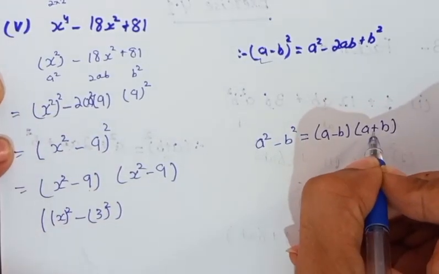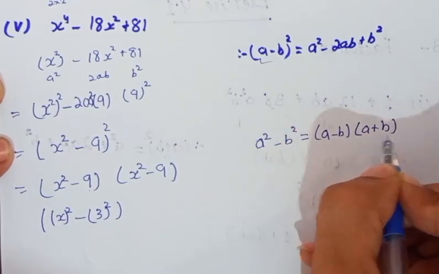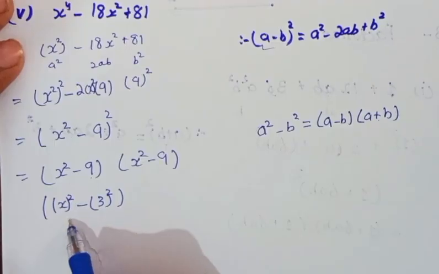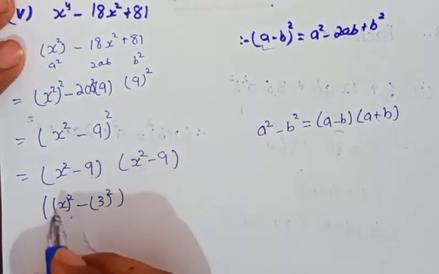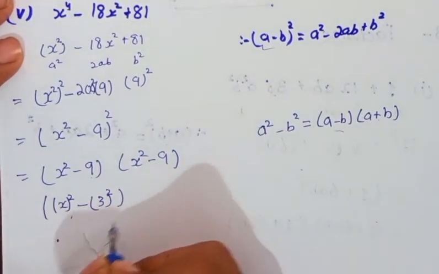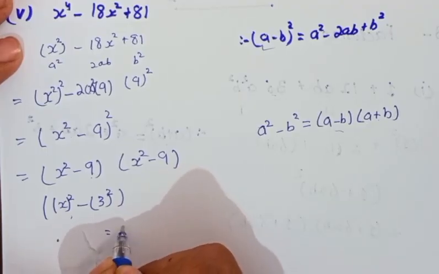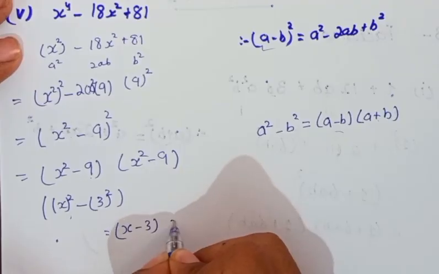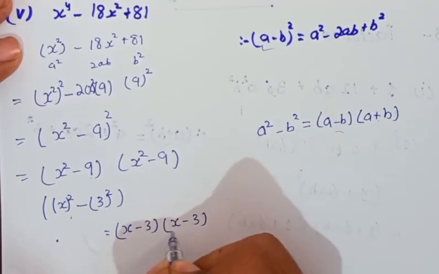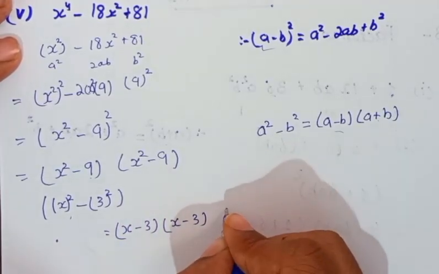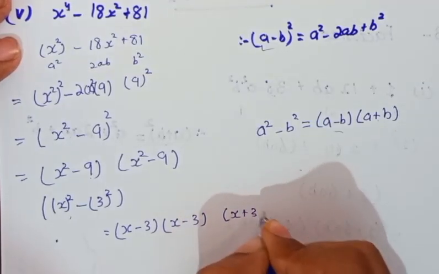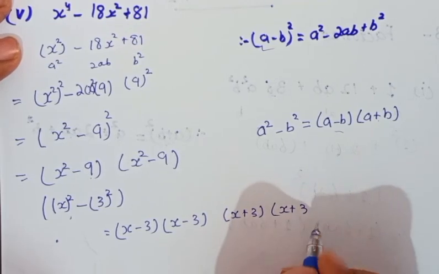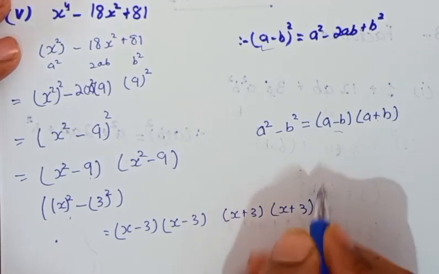One time you will write a minus b, and one time you will write a plus b. So this will be x minus 3, x minus 3, further x plus 3, x plus 3. Okay, this is likewise according to this one.